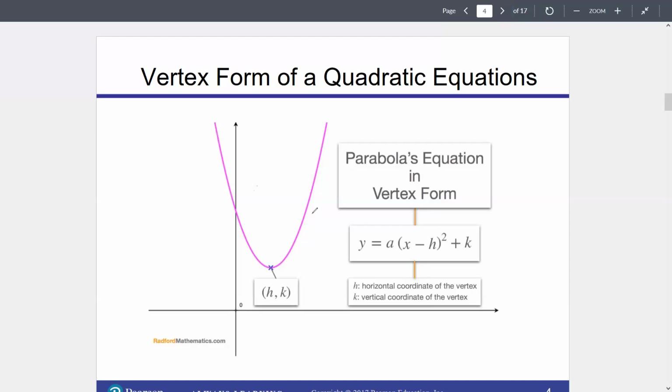Anytime we have a quadratic equation, the go-to label for your vertex is (h, k).